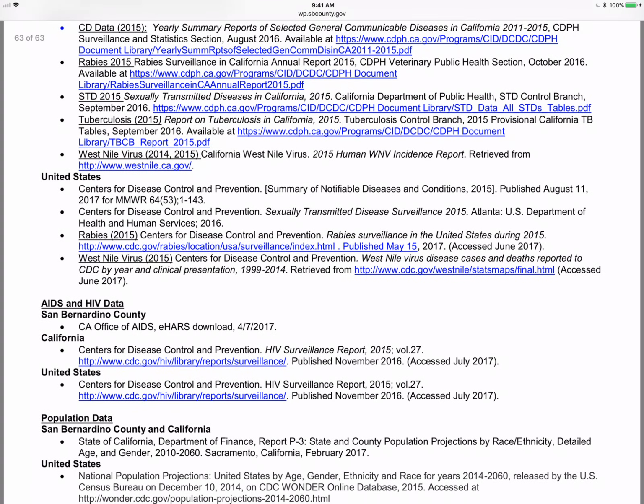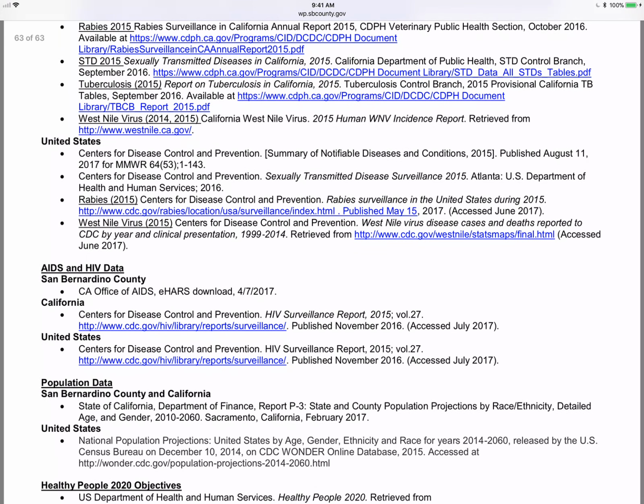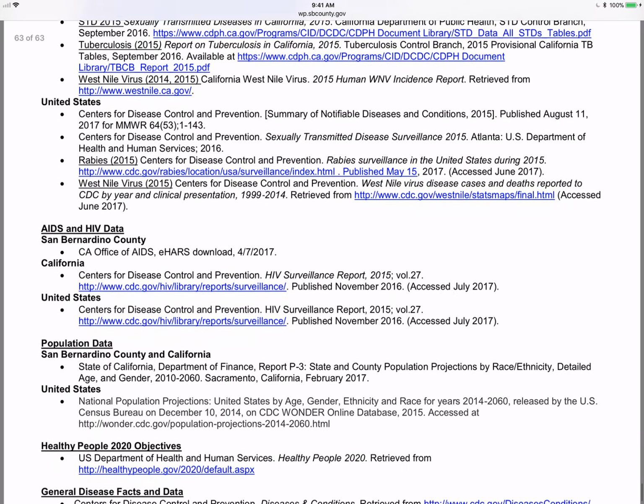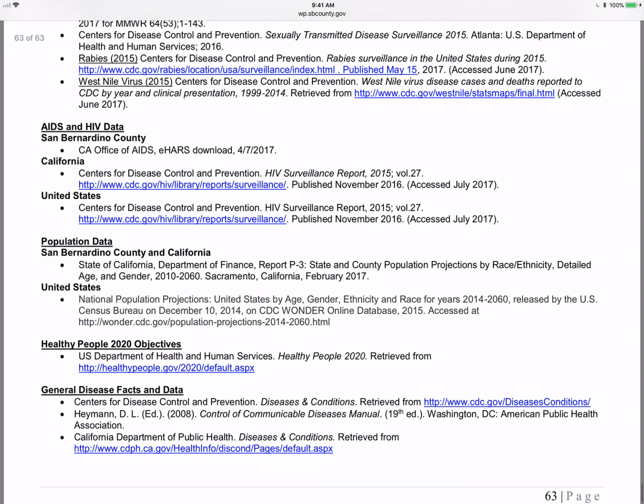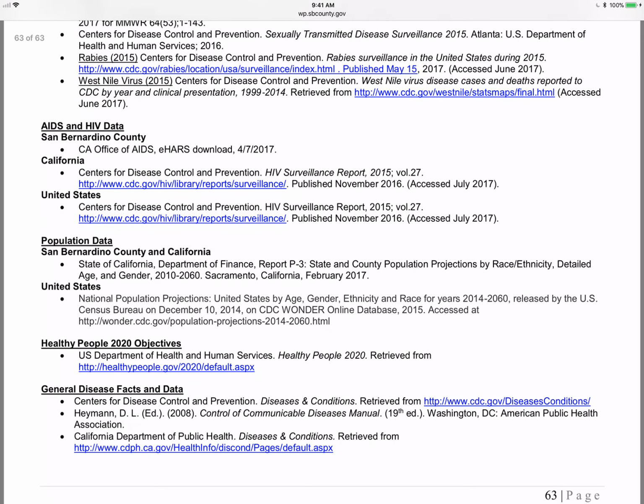For AIDS and HIV, it's a separate process, and that's because of the sensitivity around the stigma that comes with HIV. Remember how I said that we need to know what our denominator data is? Here where it says population data, that for California comes from the Department of Finance.